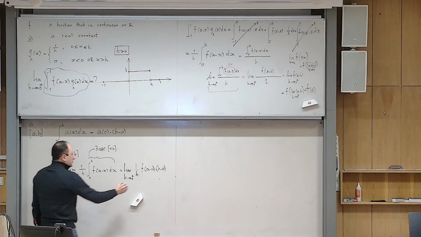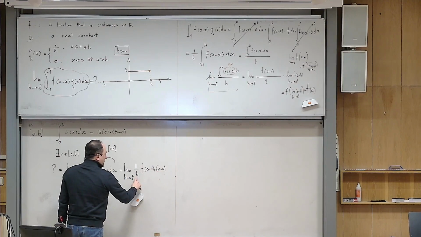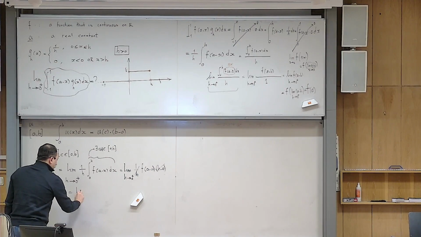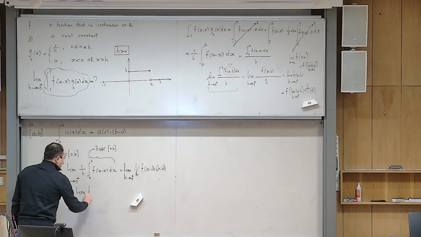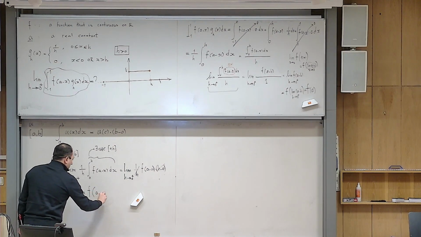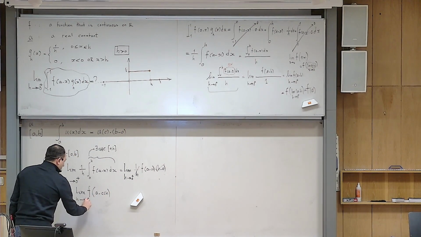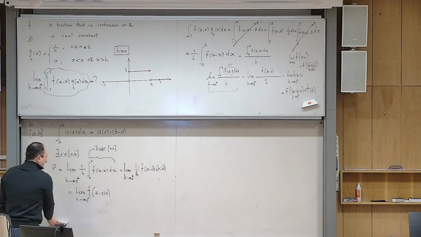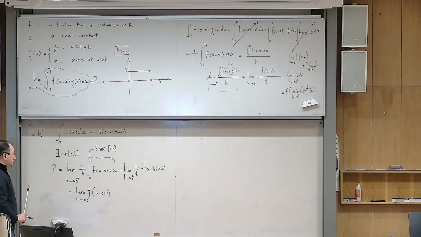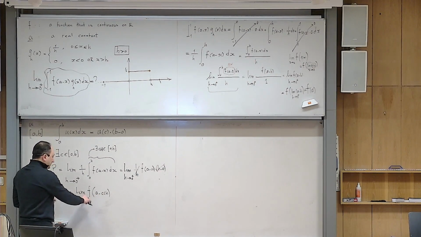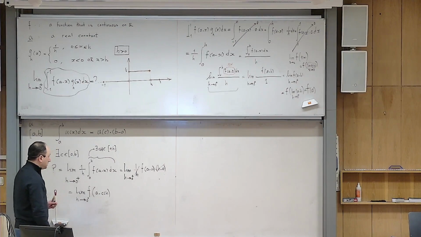Okay? So in that case, let me write it as c of h. Another thing is that this is h, this is 1 over h, so they cancel. So the bottom line is that I have to calculate the limit of f of a minus c of h when h goes to 0 from the right-hand side. Again, the question is this: can I flip this limit in?